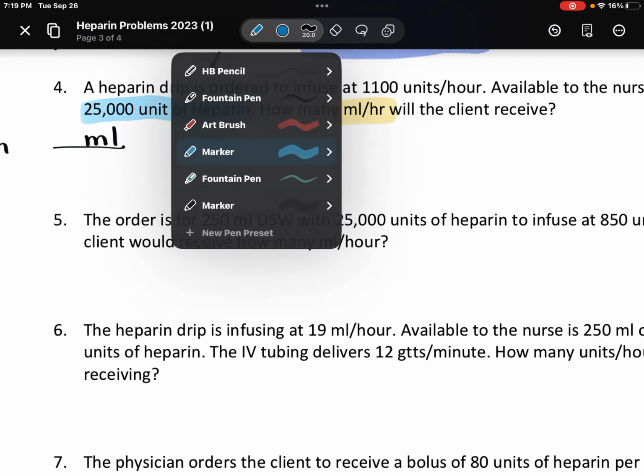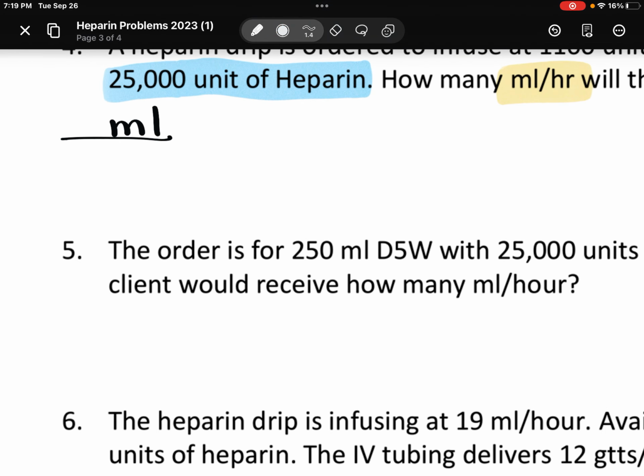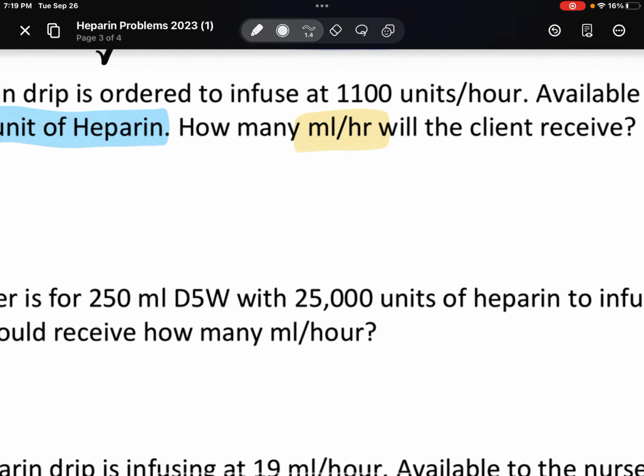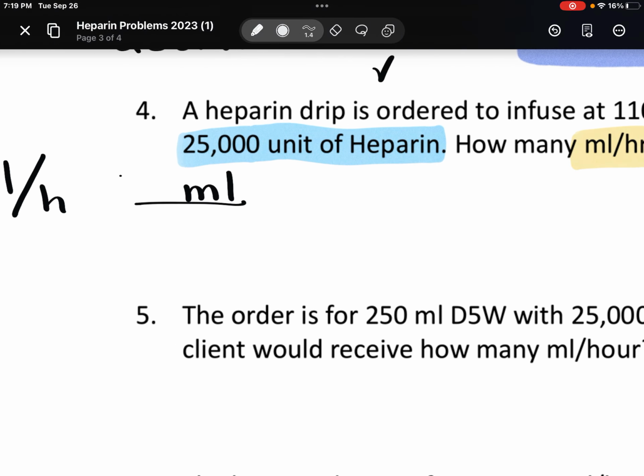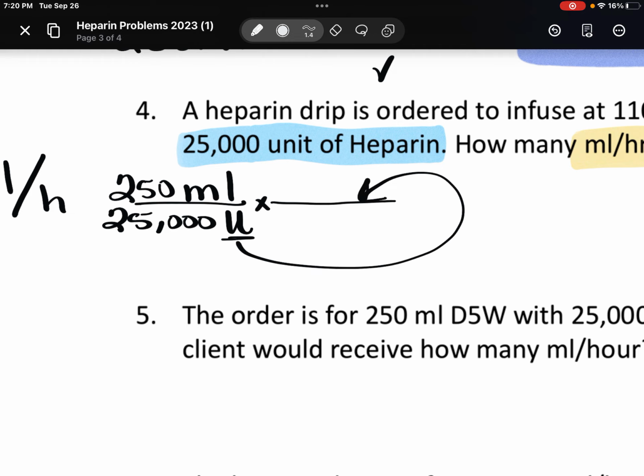So that is what I'm going to use. So I've got 250 milliliters on top. I'm going to take this right here, put it on my bottom. So I need to get rid of my units. Going to bring it up top.